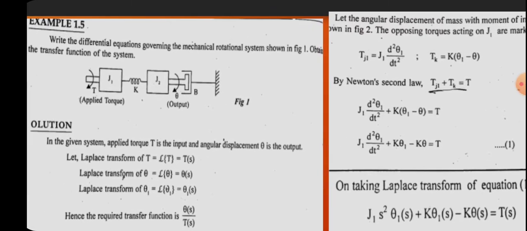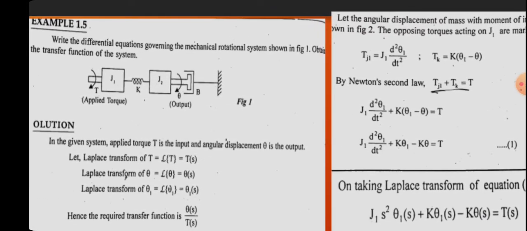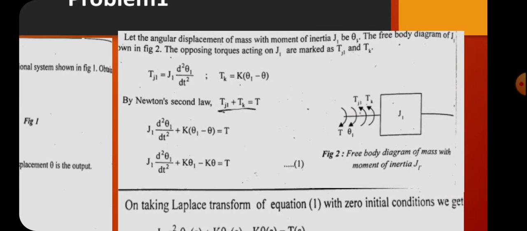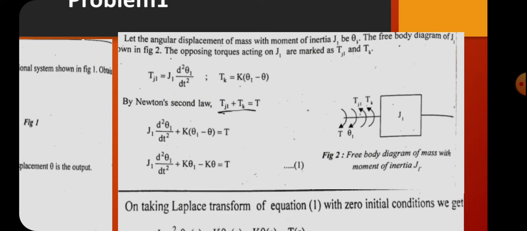In the figure shown in the question, we find that on J1 there is an applied torque, capital T. Because of capital T there will be a displacement theta 1, and that angular displacement theta 1 is in the same direction as capital T. We mark those two quantities as shown in the figure. J1 is in the rightmost part, with the applied torque T, and theta 1 in the same direction as T.